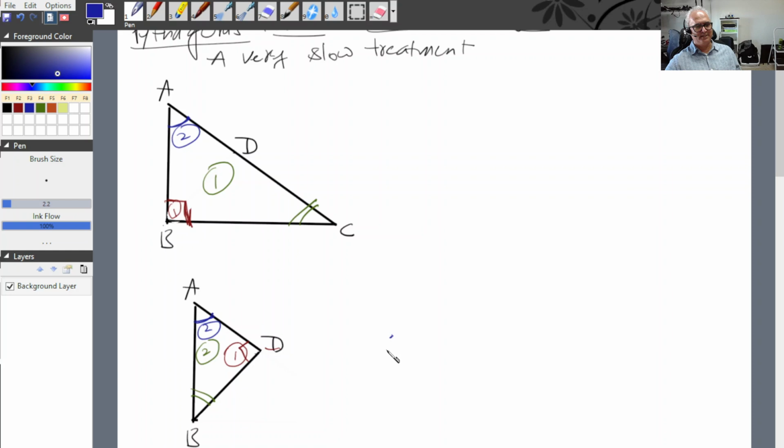Let me put D here and A here and B here. So I am flipping the triangles like a butterfly. So they are symmetric.